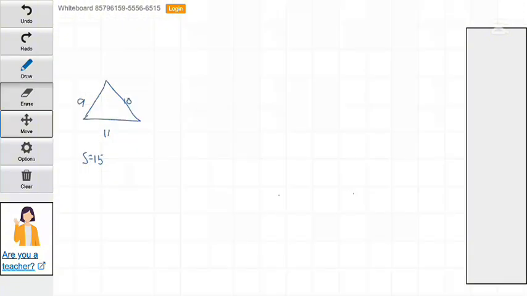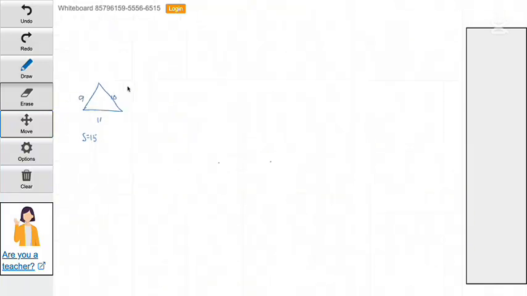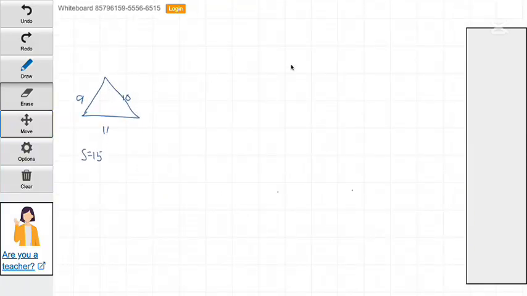Alright, so now that we know that S is equal to 15, we can use this formula.